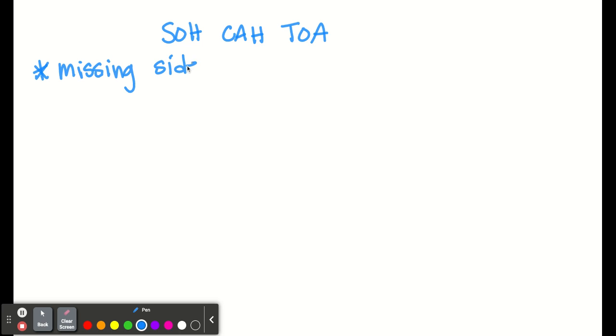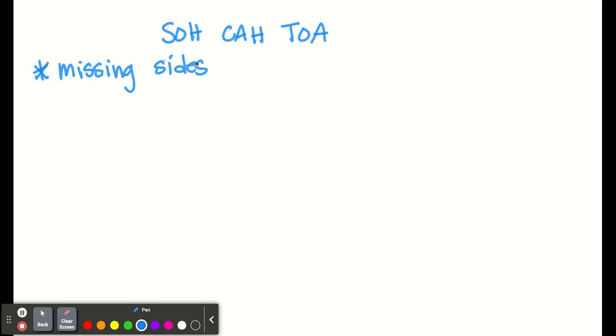Then we have SOHCAHTOA, which we also use to solve for missing sides. So right now, I'm just talking about using SOHCAHTOA to find missing sides.